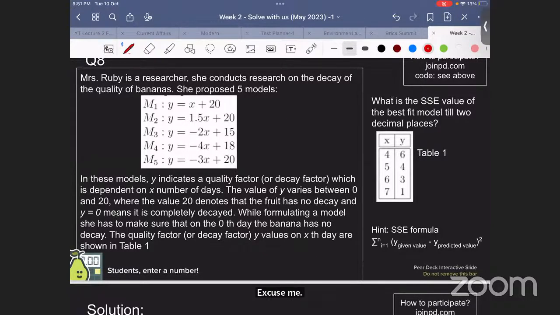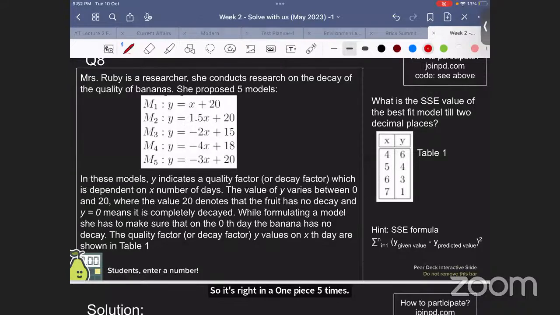Sir, this question is too lengthy, but it is simple. Because we have 5 quality factors, and we are checking every quality factor, so we have to write it 25 times.